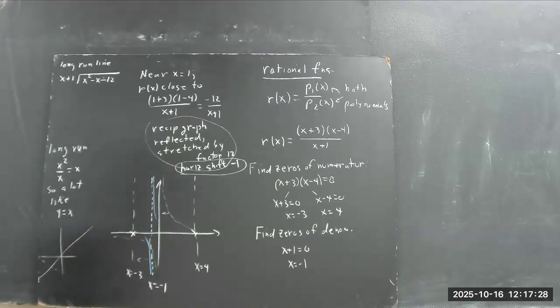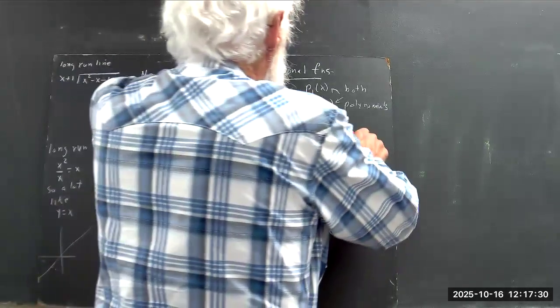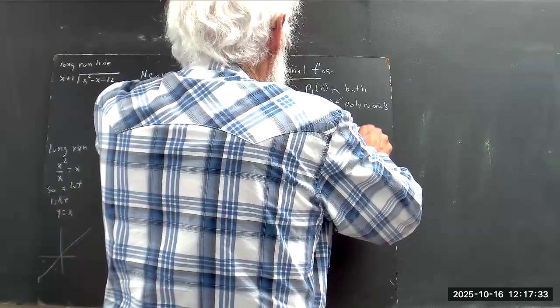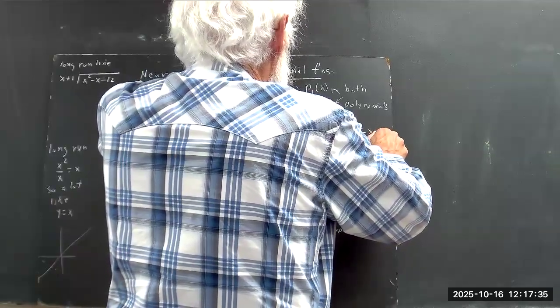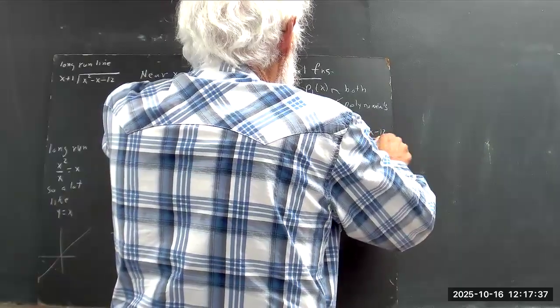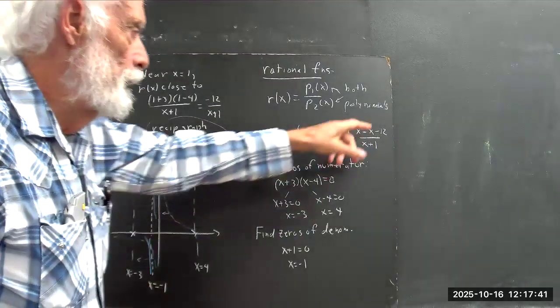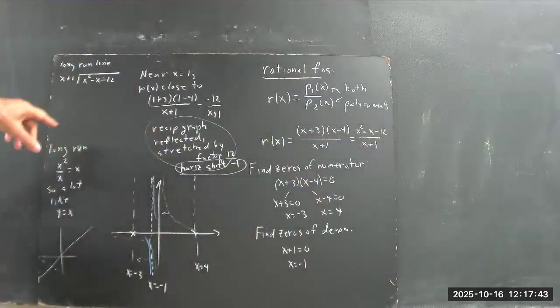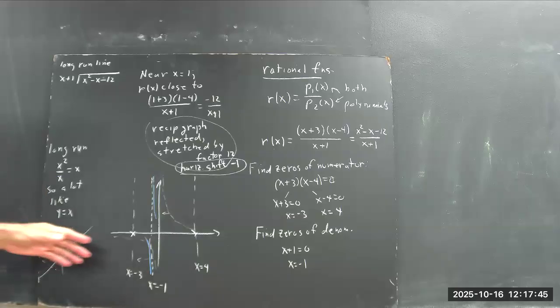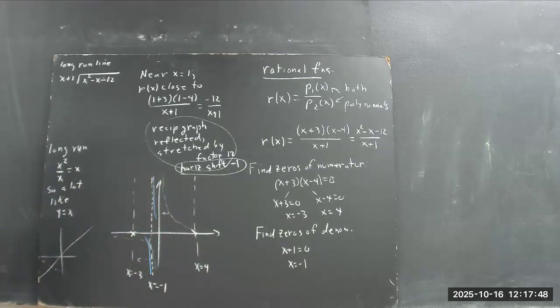Okay? And I'm even going to write that out here so I can actually refer to x squared minus x minus 12 over x plus 1. We haven't needed that until this point, but now I want to find out what the straight line is that this graph approaches.